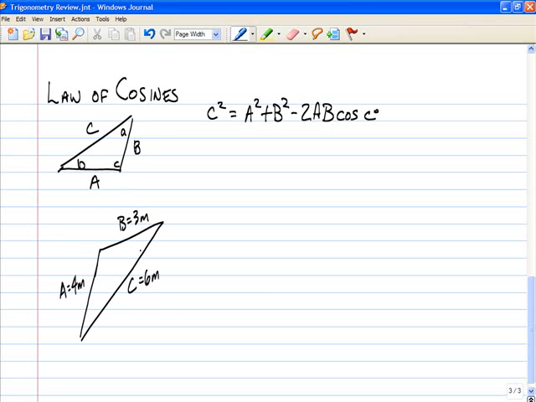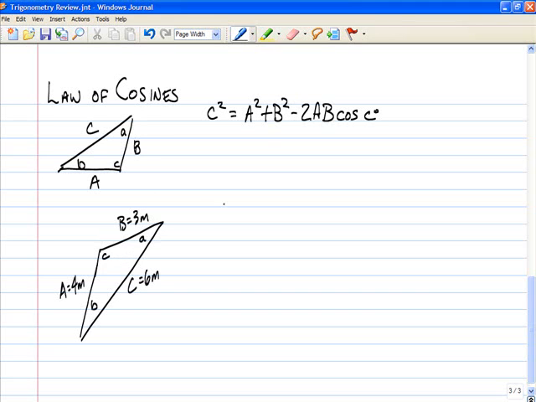Okay, and we need to find something going on here. Let's see, if we wanted to find C, and this is A, and this is B, right? So if we wanted to find C, then what would we do?